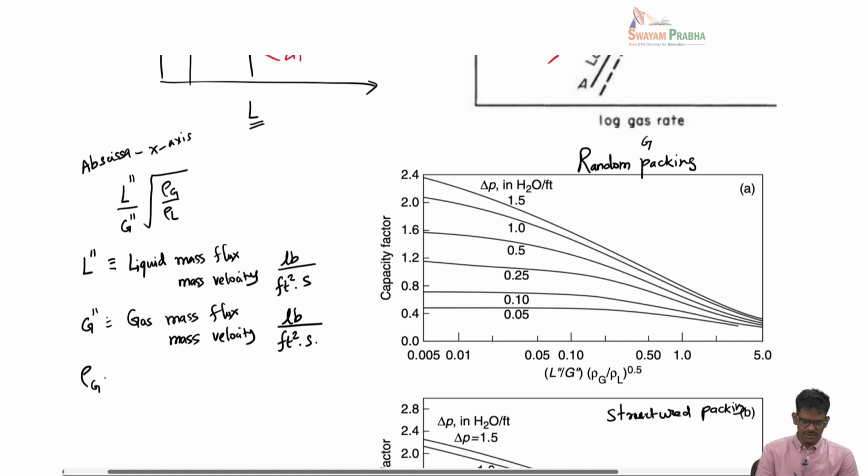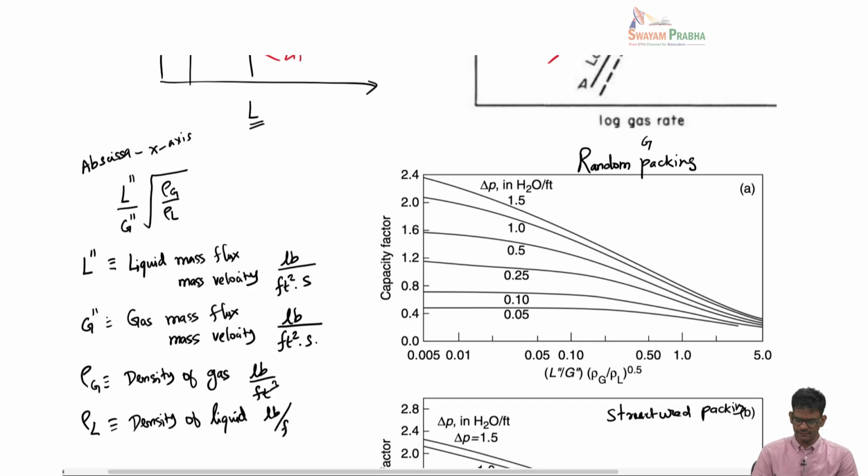Rho G, this is the density of gas, given in pound per feet cube. Rho L is density of liquid, also in the units of pound per feet cube. So this group of terms is non-dimensional.